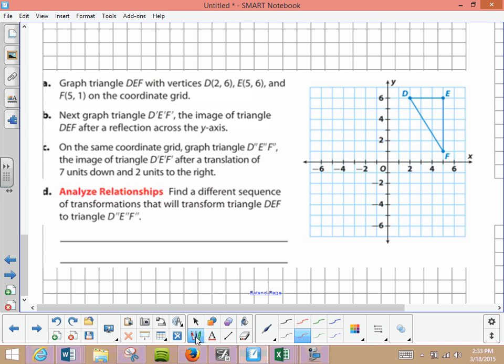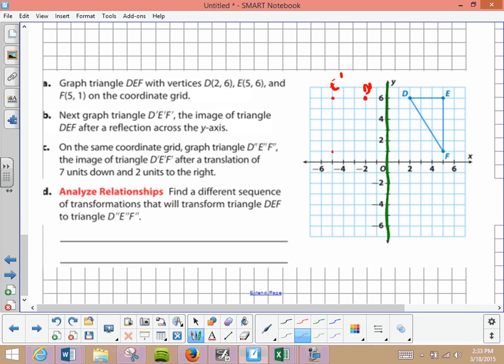Next, graph the triangle DEF prime, the image of the triangle DEF, after a reflection across the y-axis. So we're reflecting across the y-axis, right? That means we have to end up on the left side. And D is 2 away, so it should be right here, D prime. E is 5 away, so it should be right here, E prime.